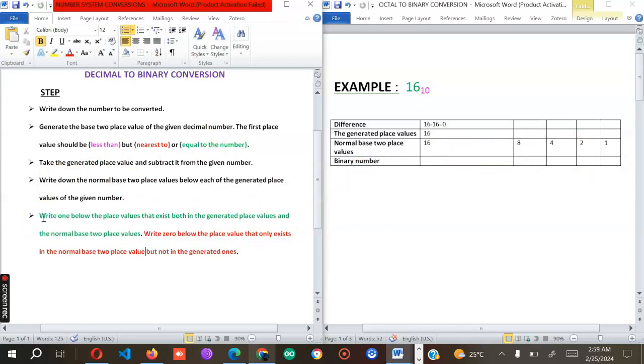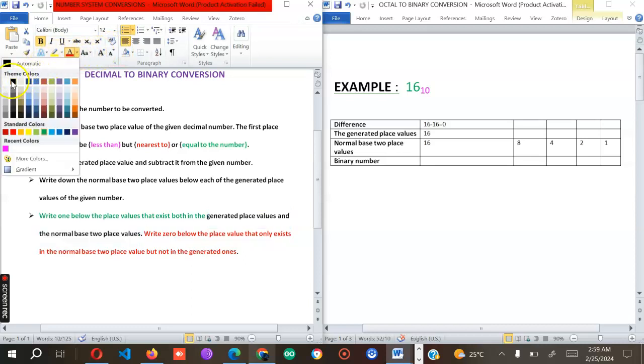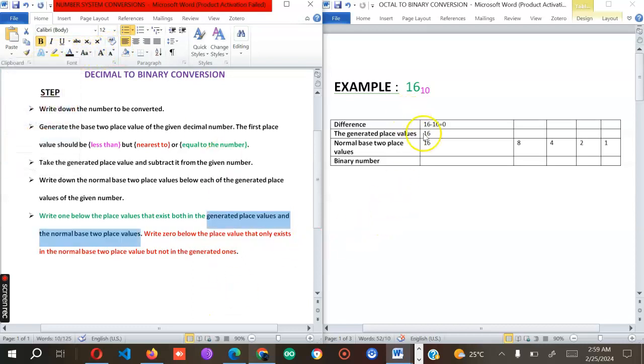So look at the last condition. You write 1 below the place value that exists in both the generated and the normal place value. So if this one and this one are the same, you write 1.